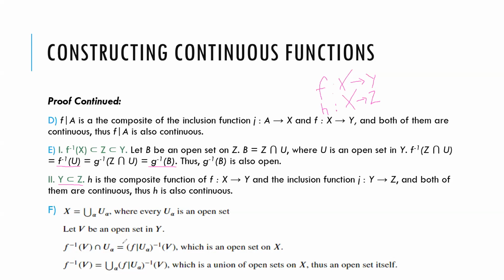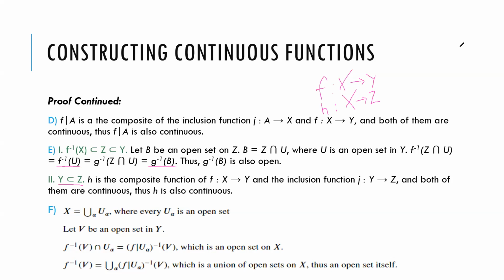And then for the last part, for part 6, it states that the map F which maps X into Y is continuous if X can be written as the union of open sets U alpha, such that when we restrict the domain of F to U alpha, each F with such restricted domain is continuous.